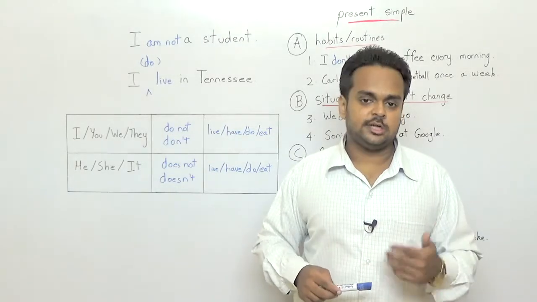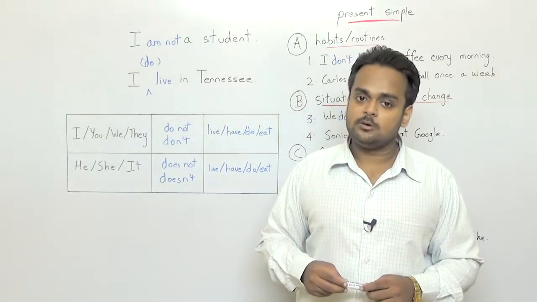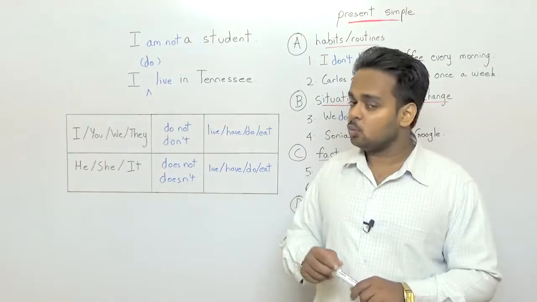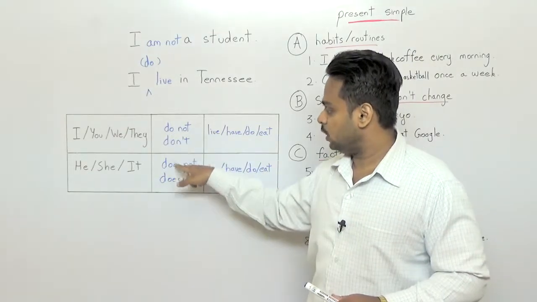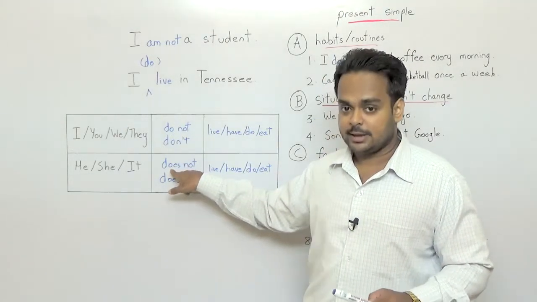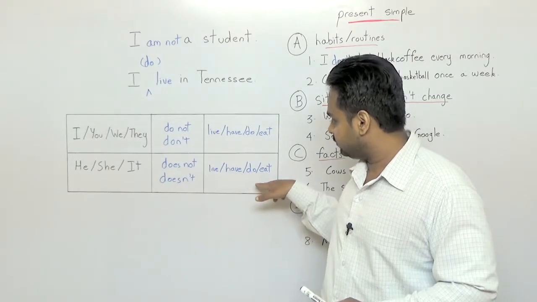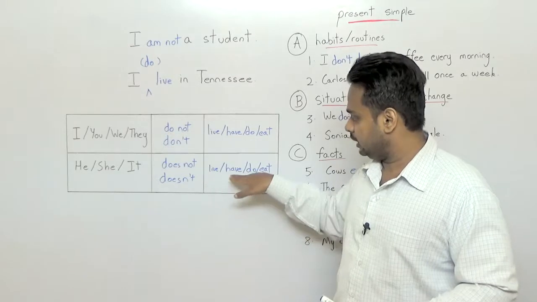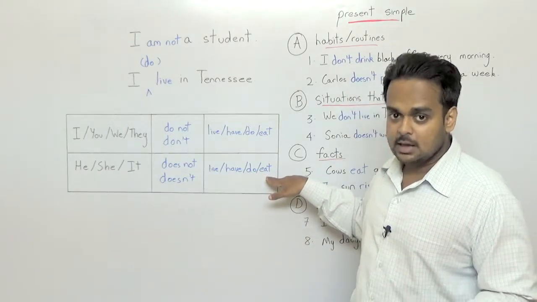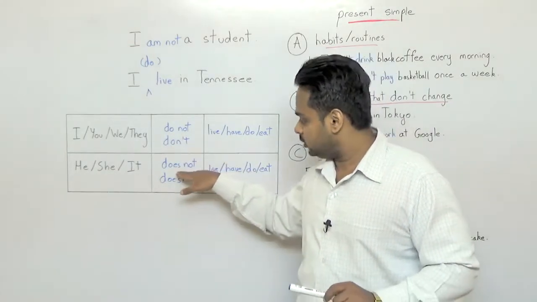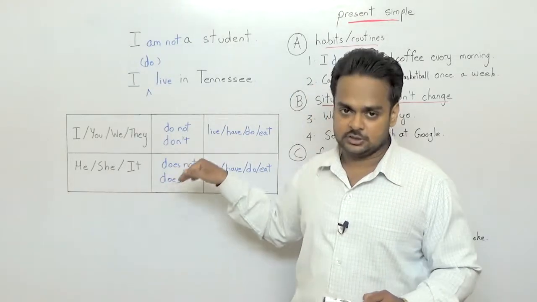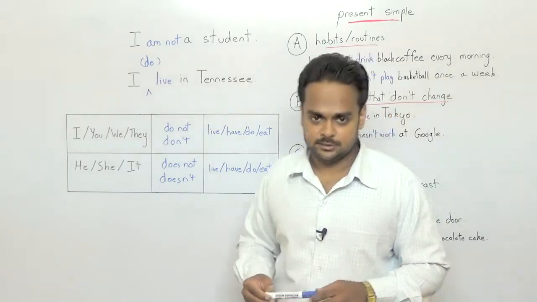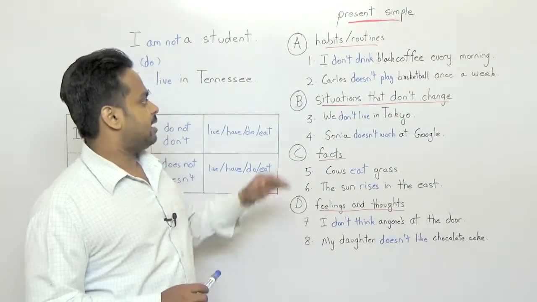He lives, she works, etc. When you make negative statements, you still have to add s, but we add the s to do, and we make it does. That means there's no s in the main verb. Over here, live, have, do, eat. So no s, because the s is added over here. Does not. When we speak, we say doesn't. Doesn't.